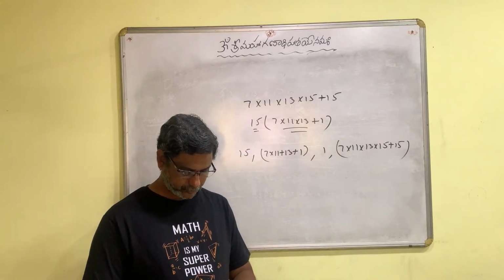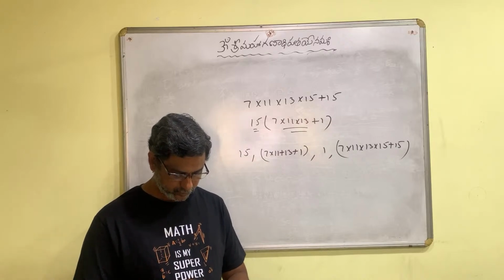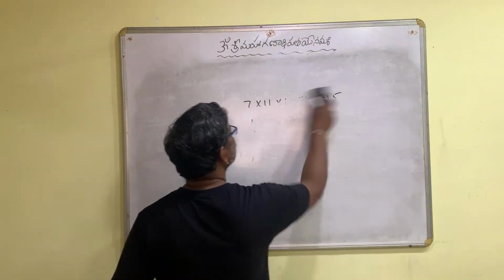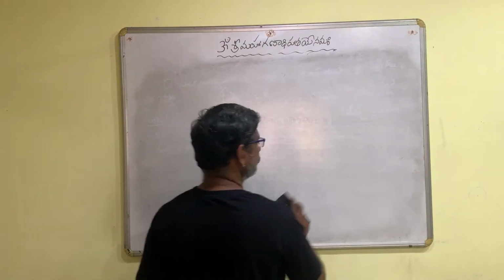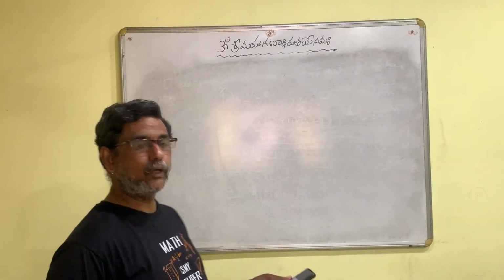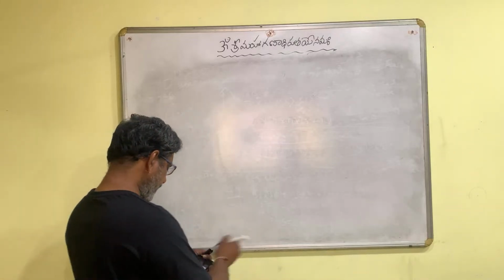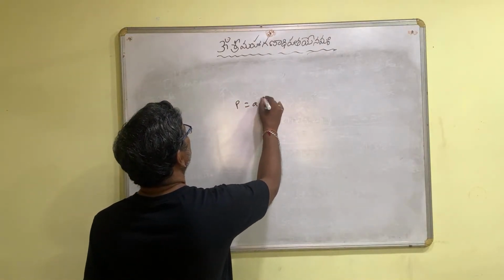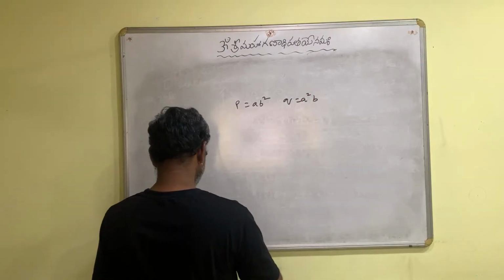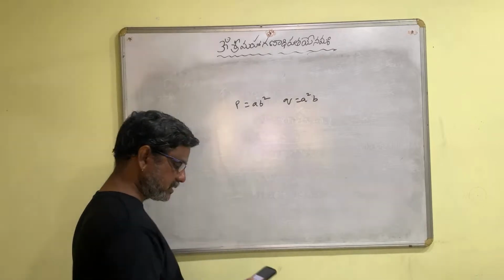Next, question number 5. P and Q are two positive integers such that P is equal to A B square, Q is equal to A square B, where A and B are prime numbers.